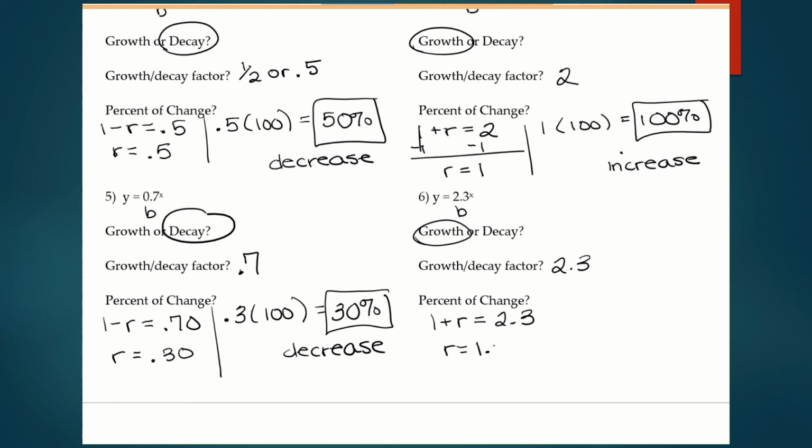I added 1.3. Making that into a percentage, 1.3 times 100 is 130%. So this is an increase. Therefore, with each increase in x, my y value is going to increase by 130% each time.